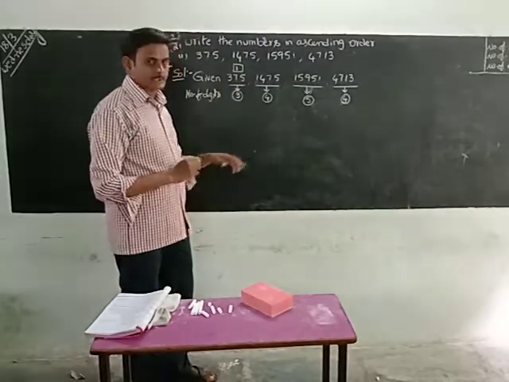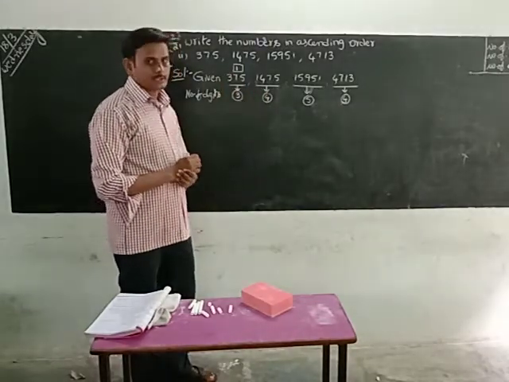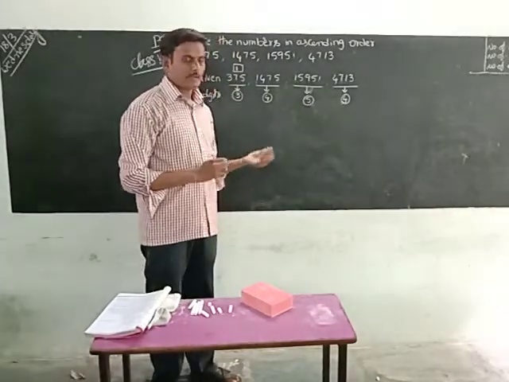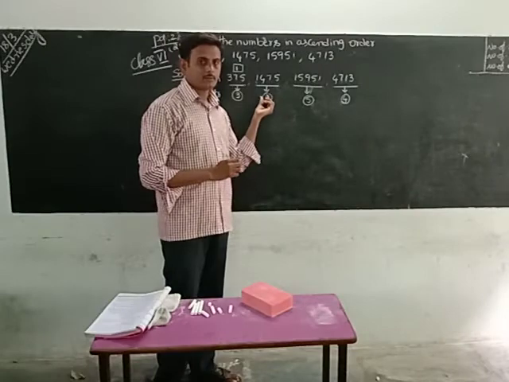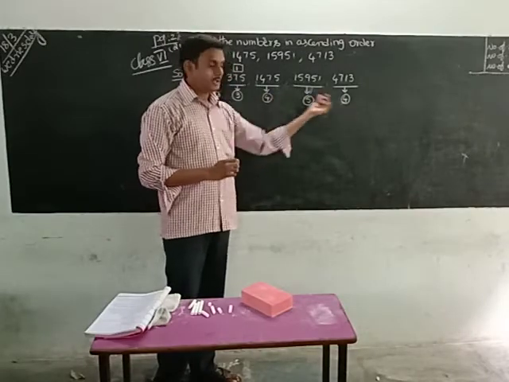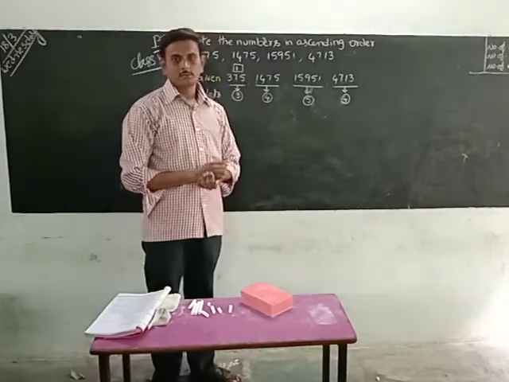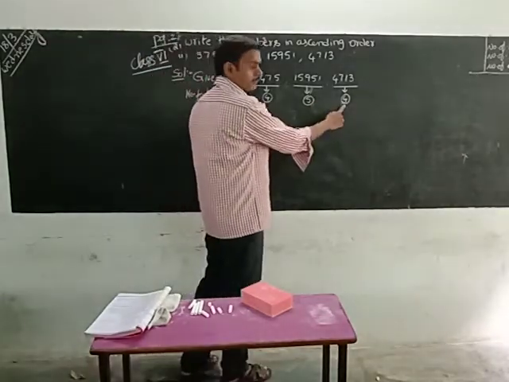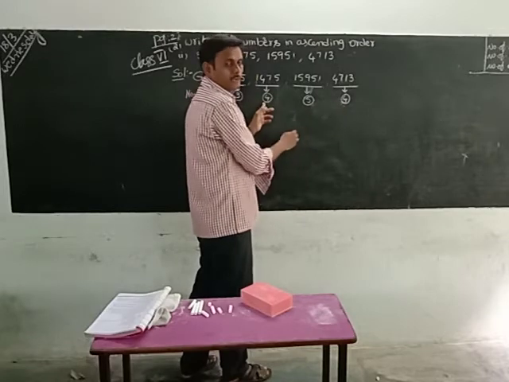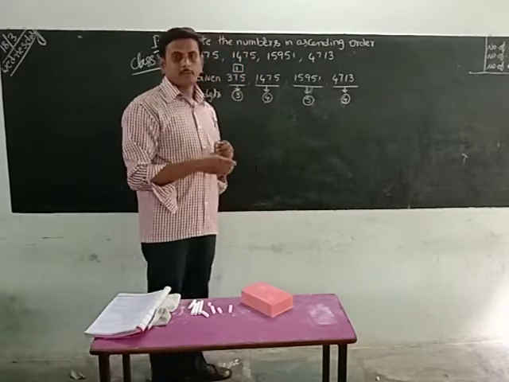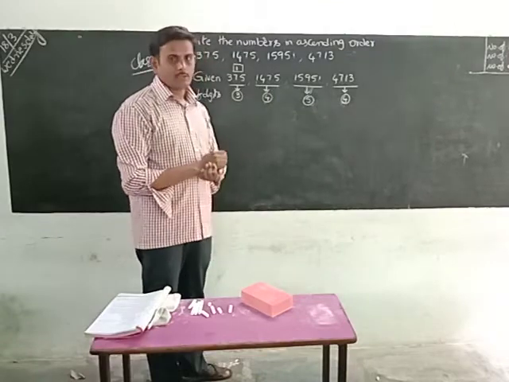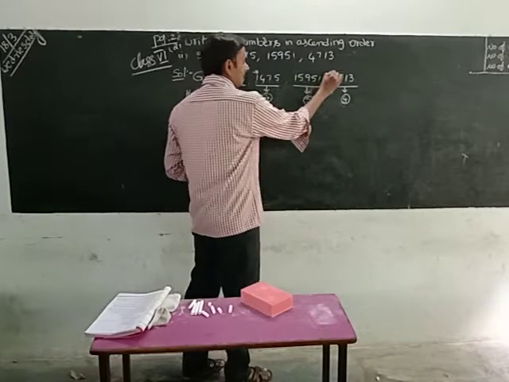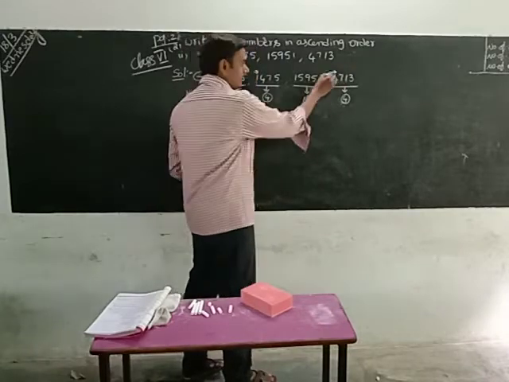Next, which numbers have fewer digits? The 4-digit numbers. There are 2 numbers with 4 digits. In these two, which is the smaller? Whenever the number of digits is equal, compare the digits from the left side onwards.